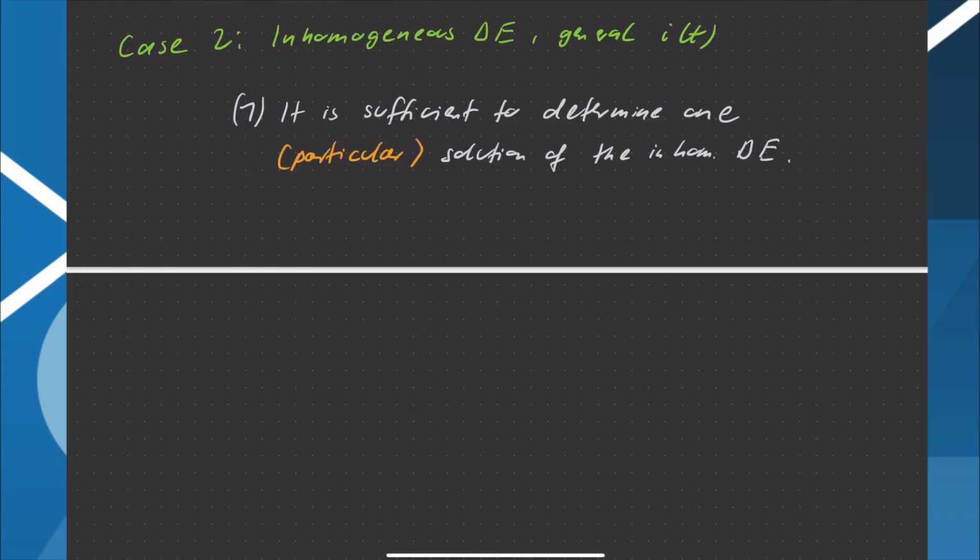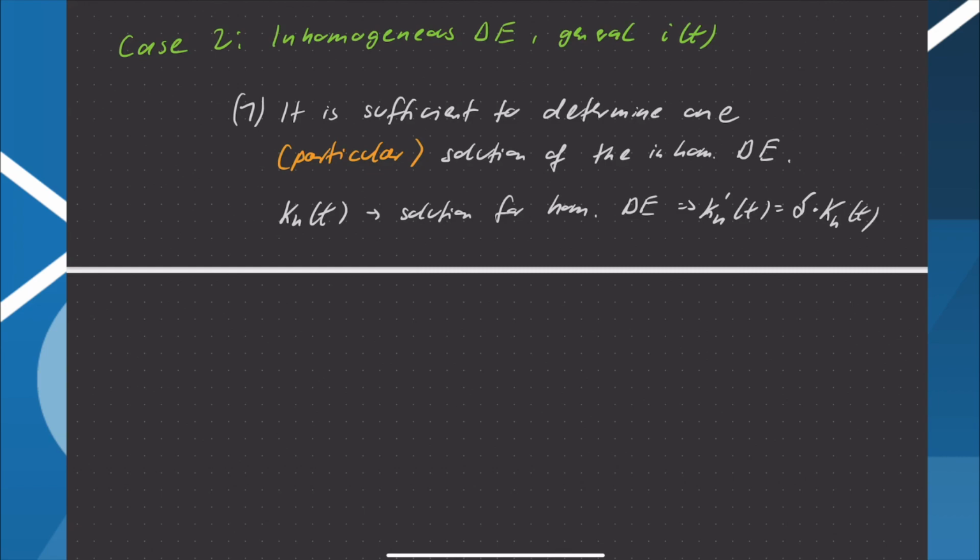Say we have a solution kh. That's a solution for the homogeneous differential equation. Well, that means kh prime of t equals delta times kh of t.